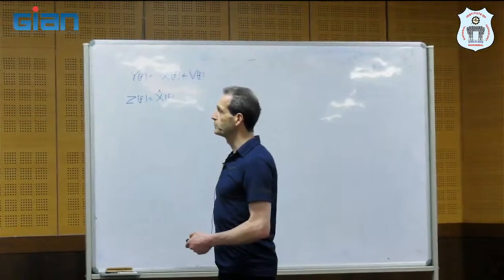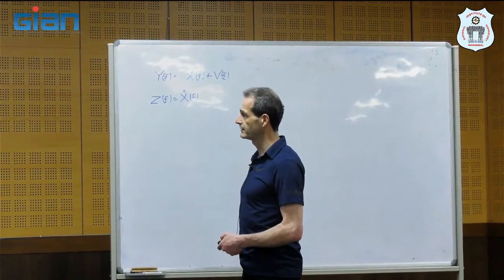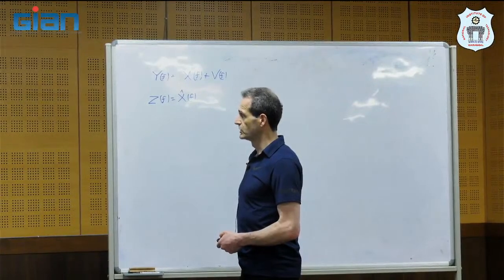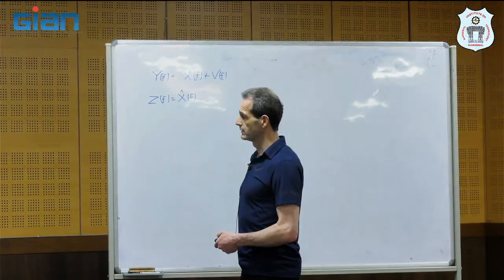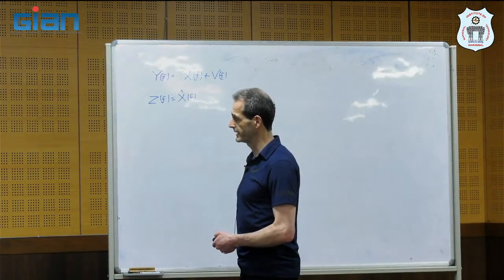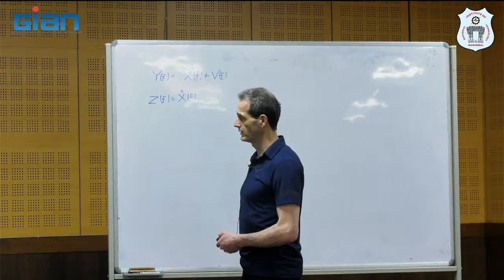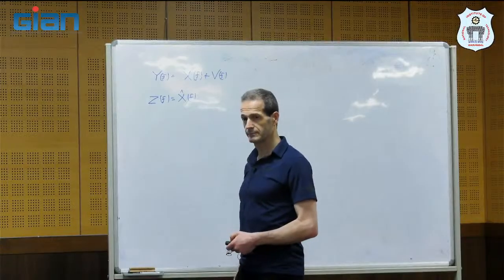If we want to compute the broadband input SNR, we compute the total variance of x over all frequencies in the numerator, divided by the total variance of the noise over all frequencies.